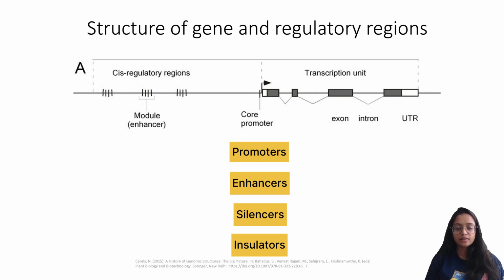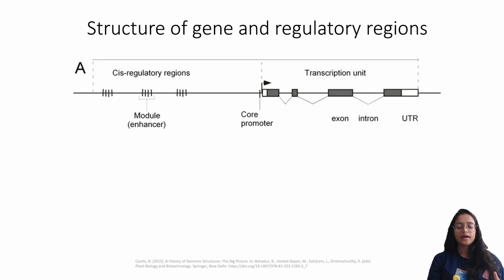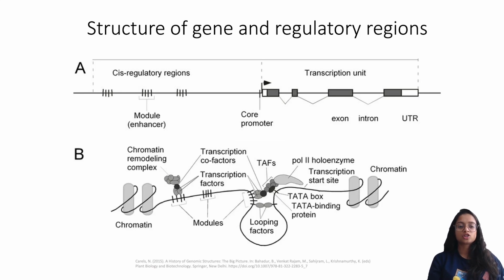Insulators are other regulatory regions that can prevent the enhancers from activating genes that are located far away, and they are also found between the genes. In addition to that, they can also help to ensure that the genes are only expressed in correct cells. So the whole idea behind painting this picture is to give you an idea as to how each different regulatory region has a specific role.